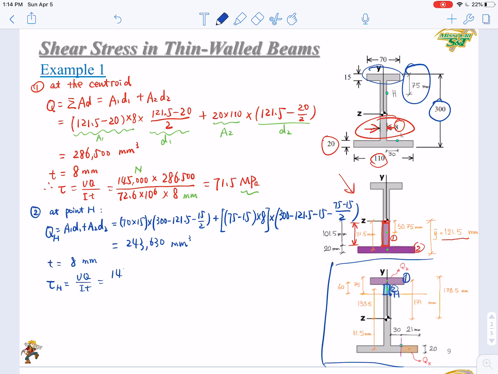I got 145,000 times 243,630 over the I, 72.6 million, times 8. So you will get 60.8 MPa.